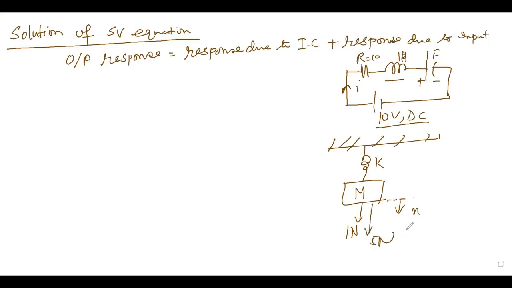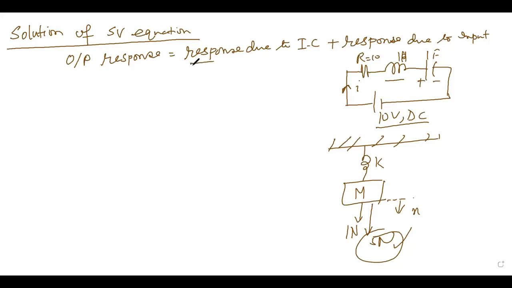So how to calculate the displacement? You have some initial displacement in this system, so due to that you get a response, and due to the new input, the new mechanical force of 5 Newton, you get another. Similarly here, the output response means the response due to initial condition plus the response due to input.